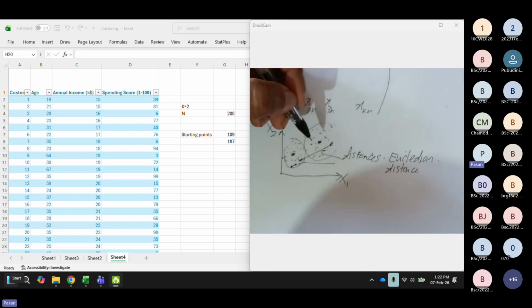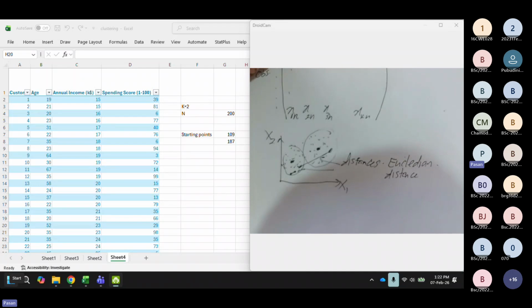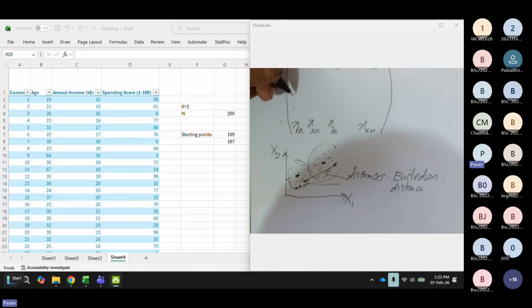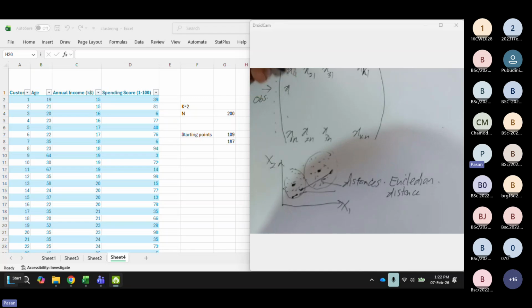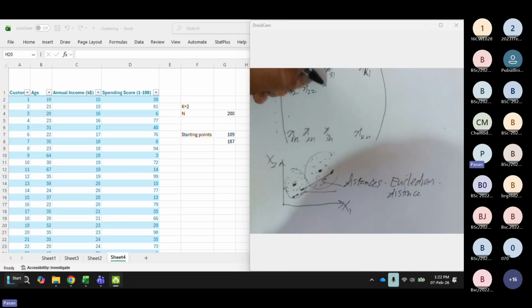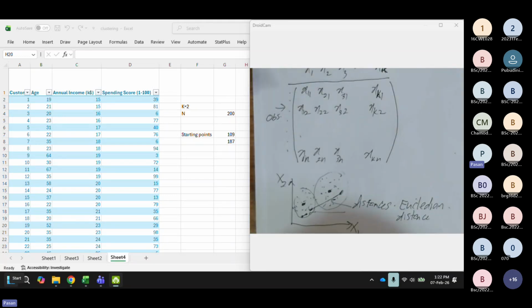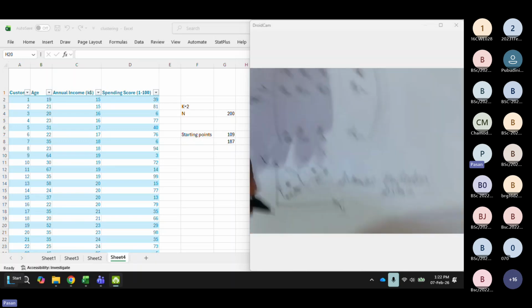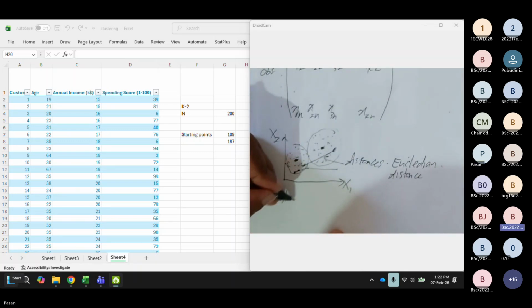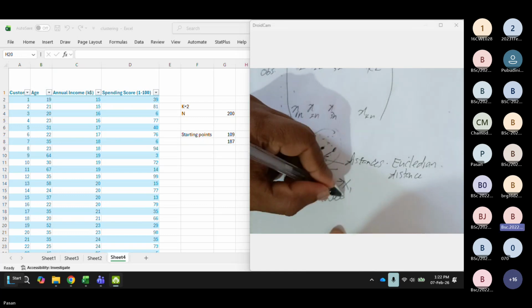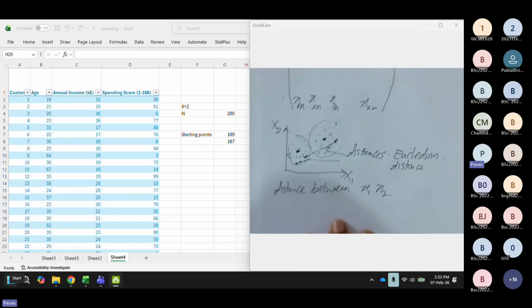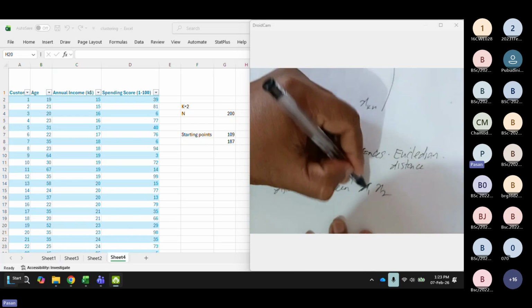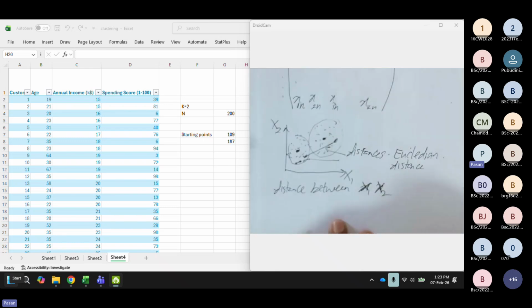Now if you have 2 points like that, x1 1, x2 1, and so on, and then x1 2, x2 2, and so on, then we want the distance between the two observations.